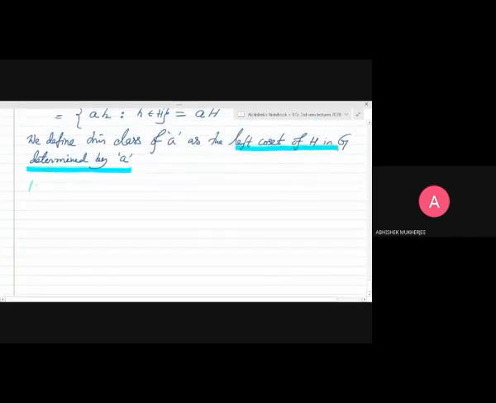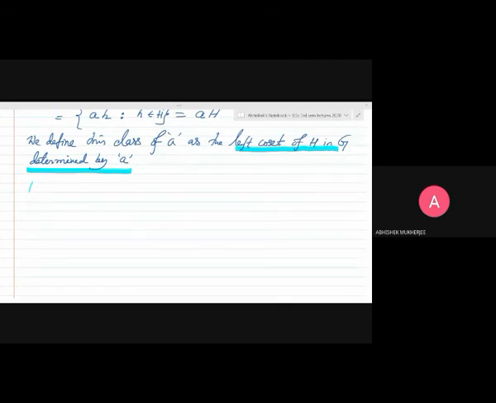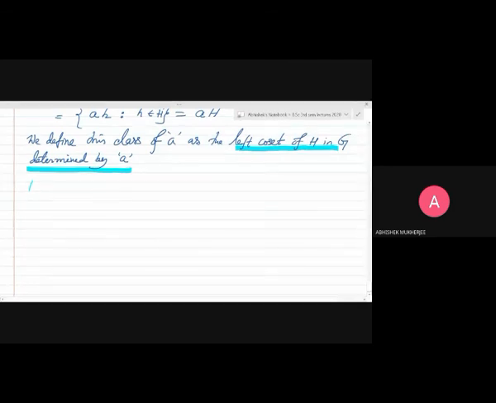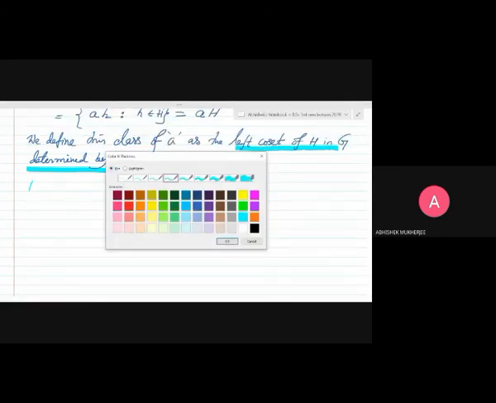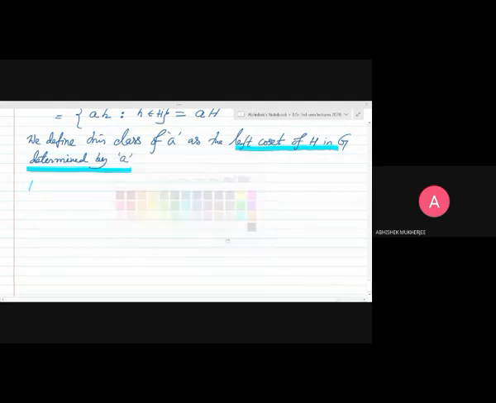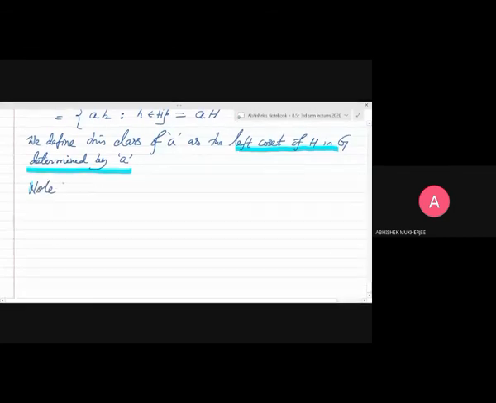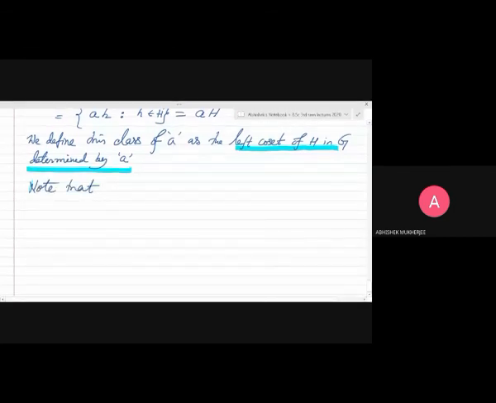Note that, we know that any two equivalence classes with respect to an equivalence relation defined on a set are either disjoint or identical.